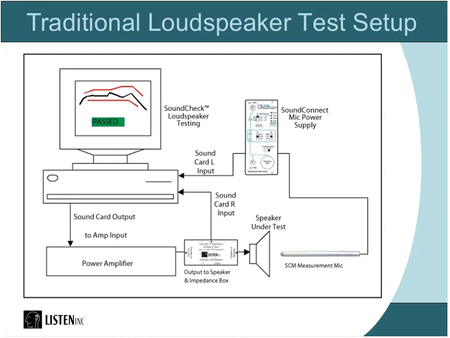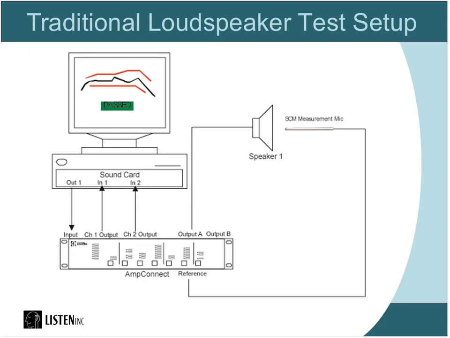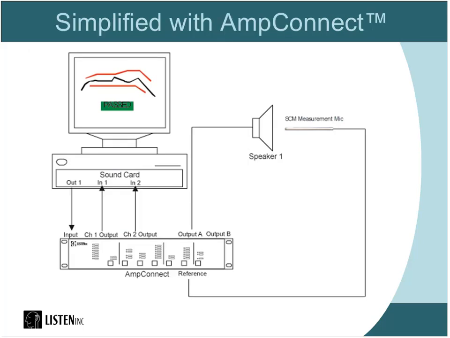You can see the difference it makes when we switch over to the AmpConnect setup. Instead of all those different pieces of gear, we have one box and much less cabling. We just have our 3 cables that are sent to the sound card with the traditional AmpConnect, and then a connection to the loudspeaker and the measurement microphone connected back through AmpConnect. So very clean, very simple setup.